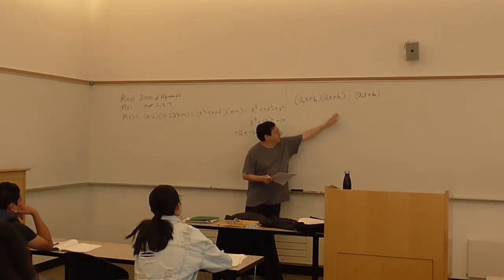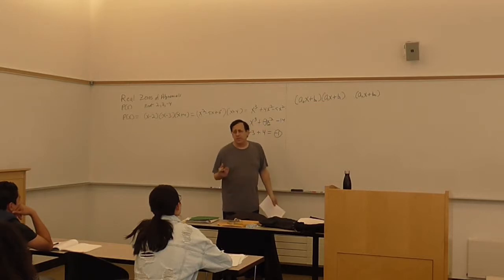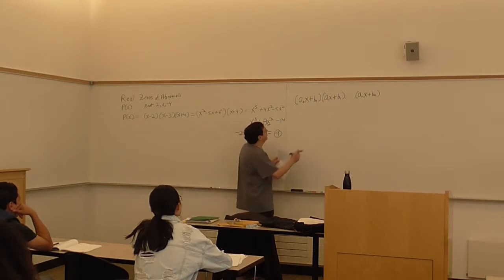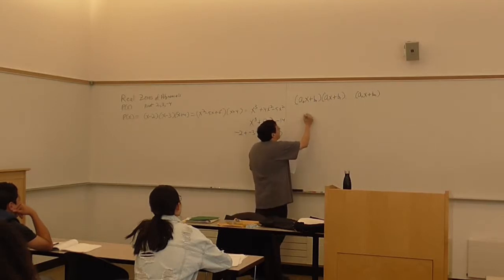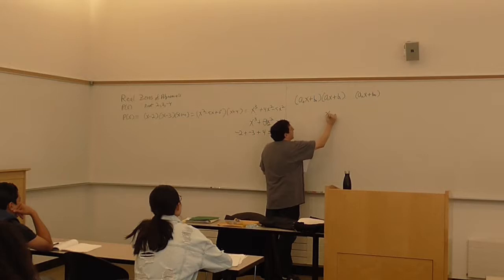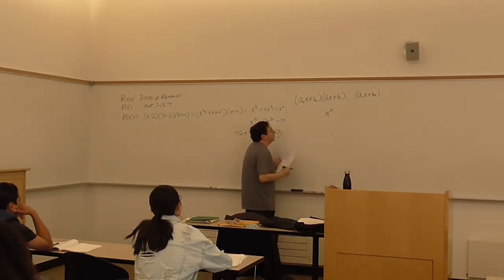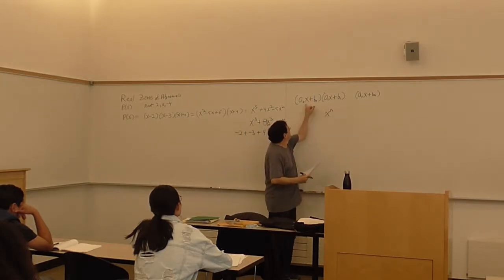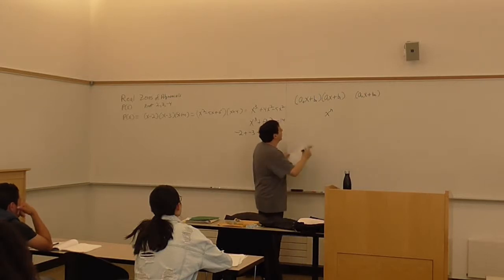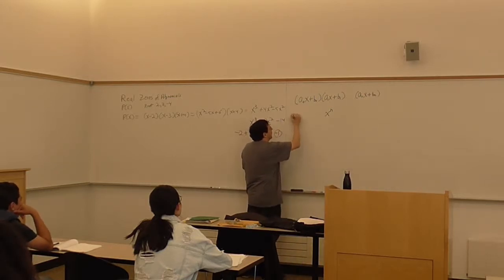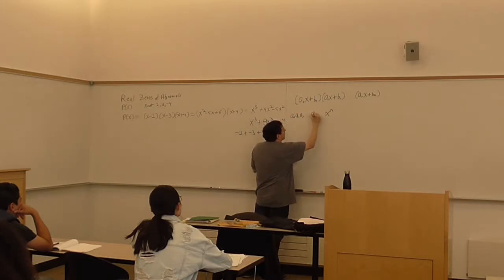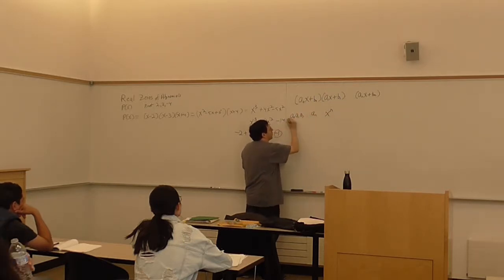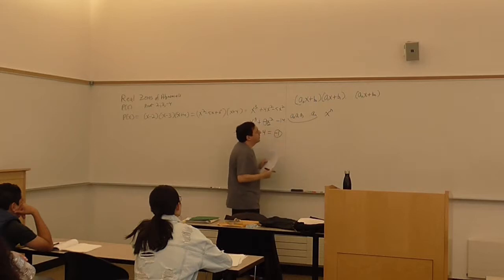Well, if we multiply this out, we can immediately figure out a few things without too much stress. We can see that there's going to be an x to the n here, because there are n of these, so there are n x's. But the coefficient here is going to be A0, A1, A2, all the way to An. In other words, the product of the a's.